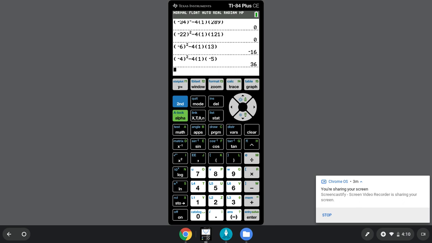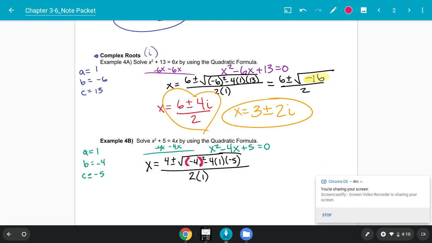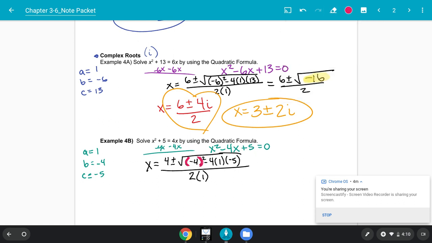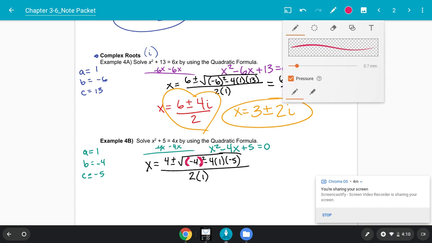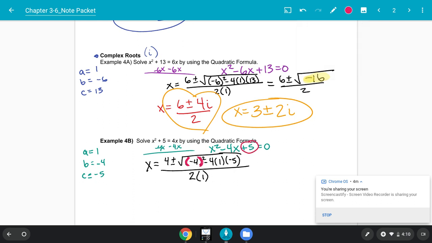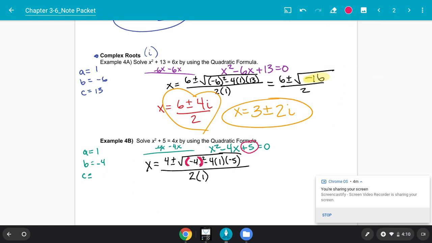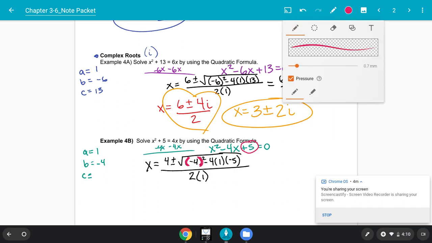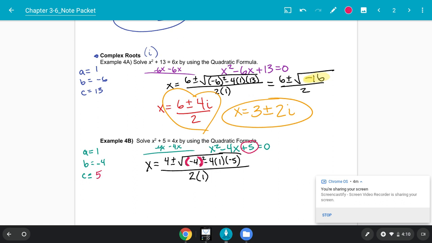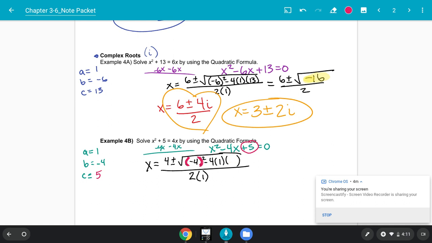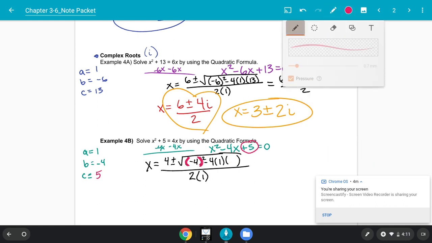Oh. Sorry, hang on, you guys. I might have messed something up. I did. Sorry. Watch me. This 5 in the original formula right here is positive. I've got to change this to a positive 5. So this should be a regular old 5.